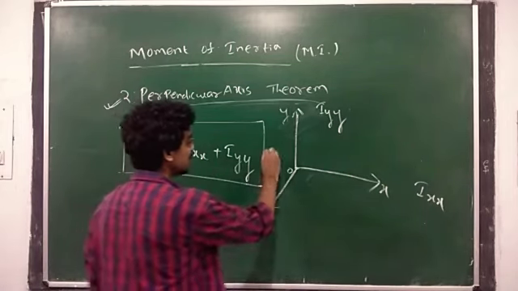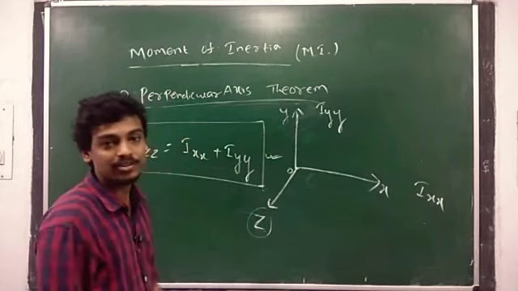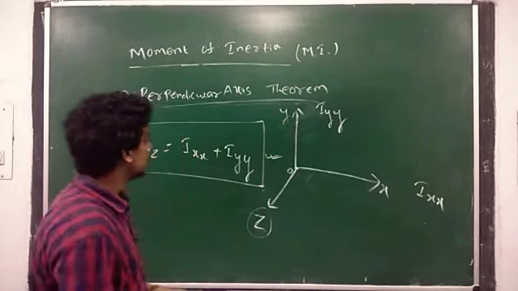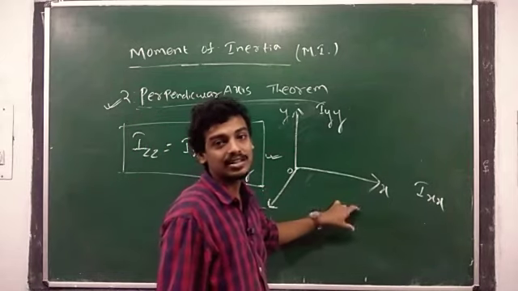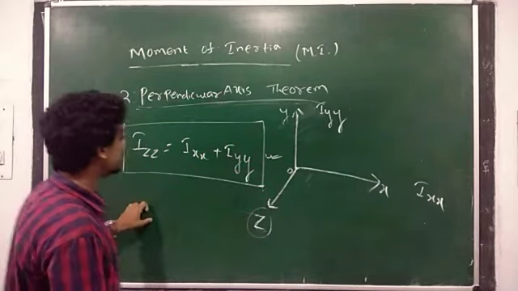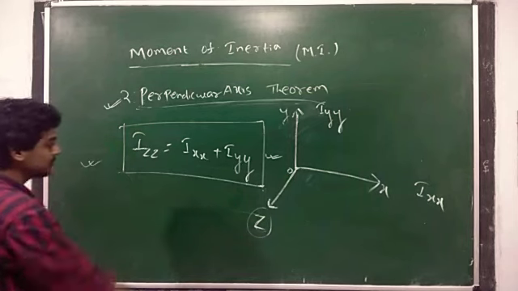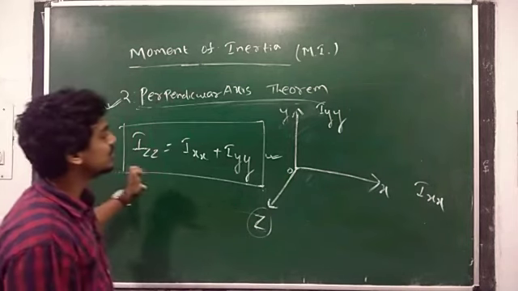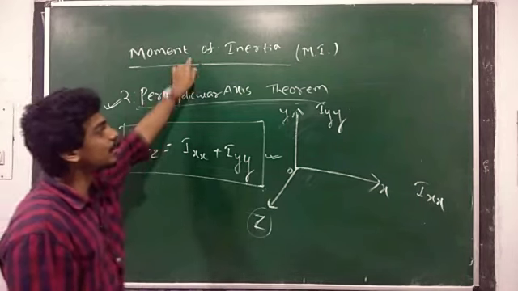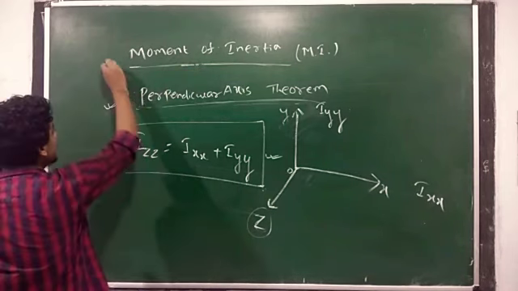So this is all about the perpendicular axis theorem. And detailed notes about this, all the theory part, I will give you later. So till now just note down whatever I am writing on the board. So this is all the theoretical part about moment of inertia.